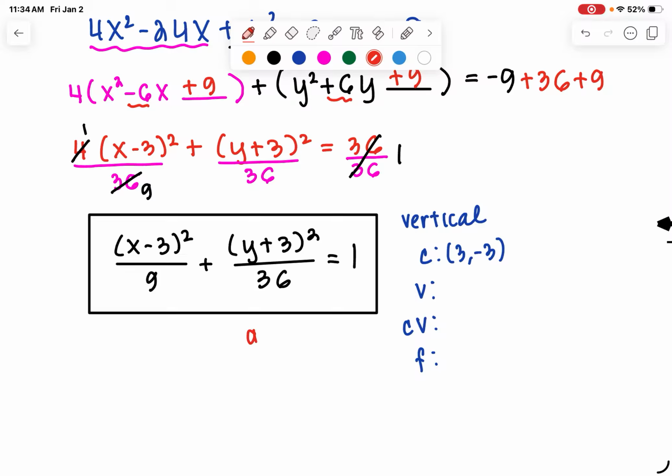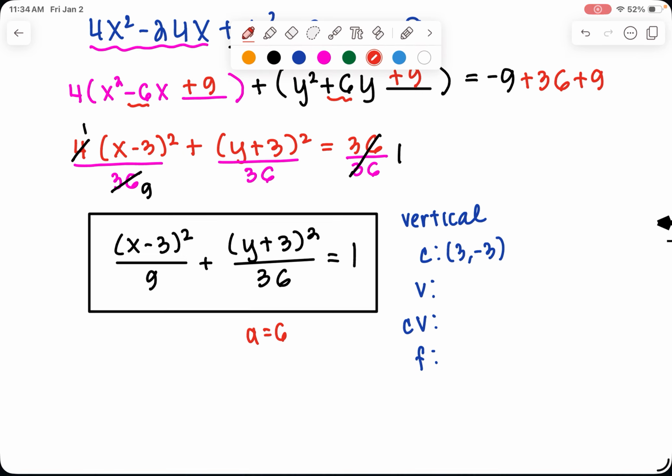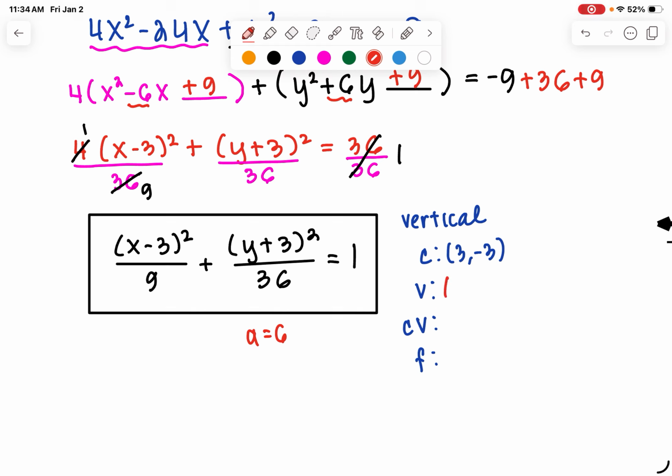That happens with an ellipse. So A is 6, so we're going to go vertically up 6 and down 6. So that's 3, 3, and 3, negative 9. My co-vertices are B units from my center, where B is my smaller denominator, so that's 3. So I'm going to go left and right 3, so that's 0, negative 3, and 6, negative 3.